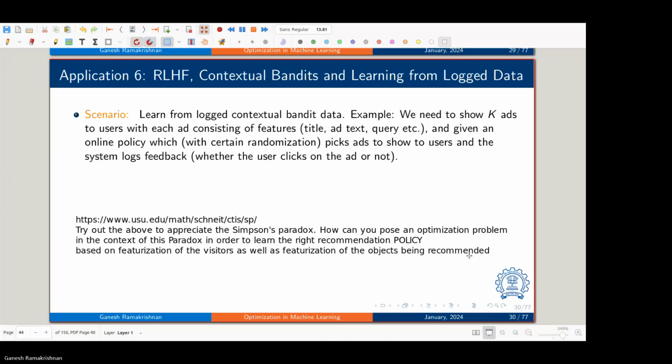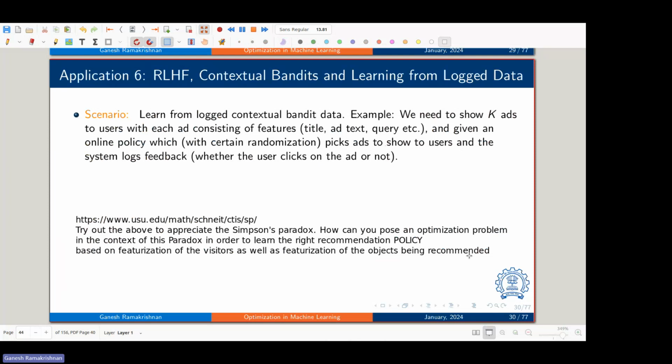How do you determine the ad to be shown to a user? There's some policy that determines which ad should be shown to which user, or some hospital guidelines which determine what treatment should be given to what patient.